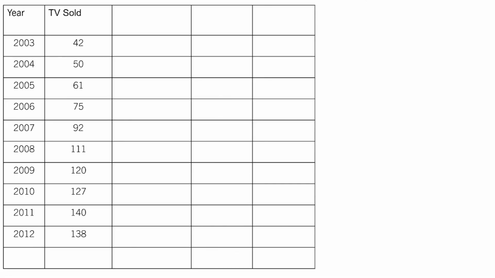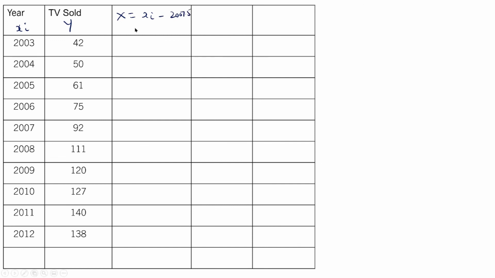So let us draw a table like this. Whatever is given in the question is written here. Let us take year as xi, TV sold as y. Then we have capital X as. Here when the number of years is even, we have to take the average of the 2 years in the middle, 2007.5.